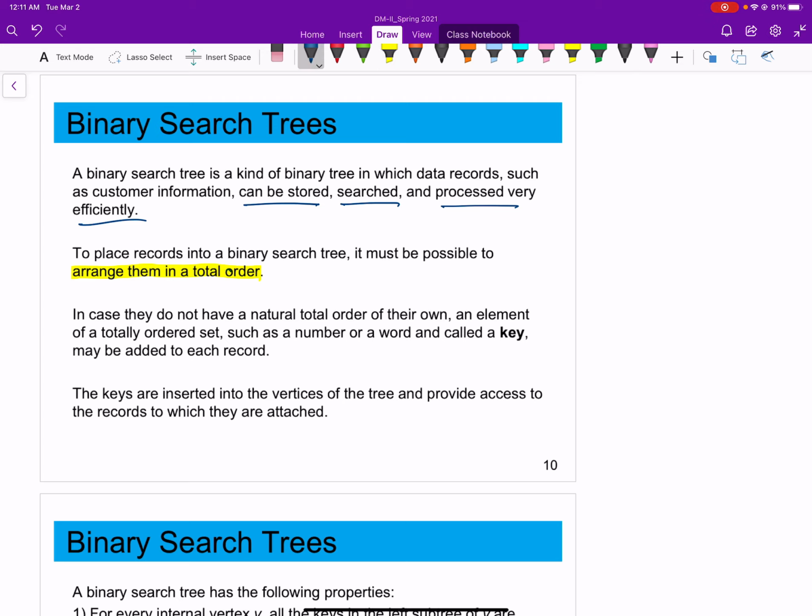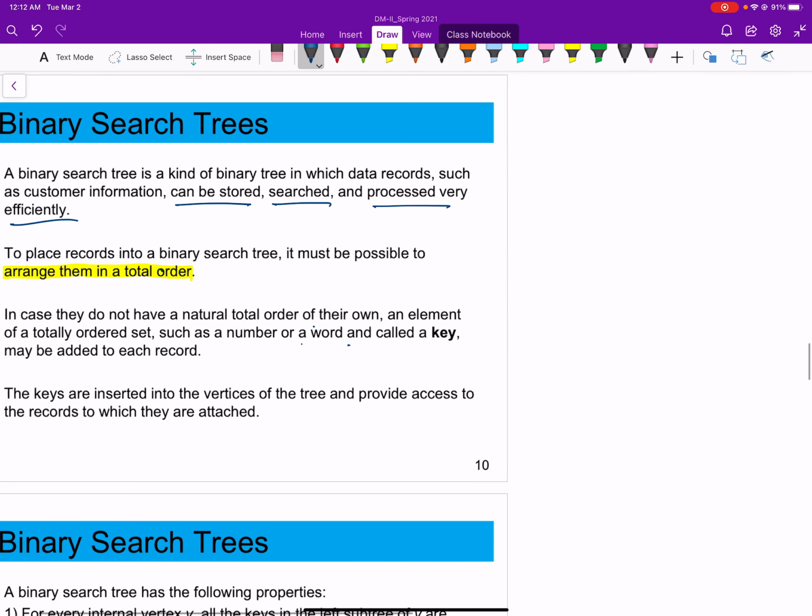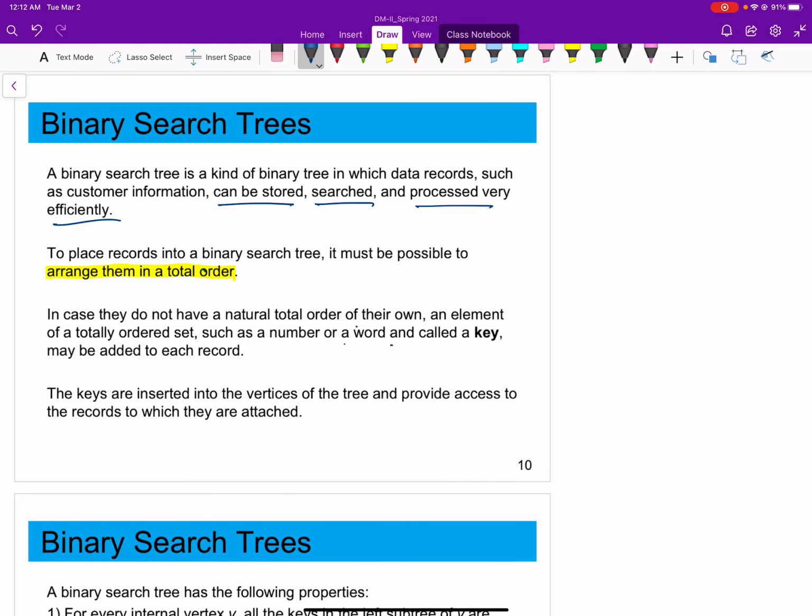In case they do not have a natural total order of their own, an element of a totally ordered set, such as a number or a word, called a key, may be added to each record. Sometimes the data have natural order, sometimes they do not.